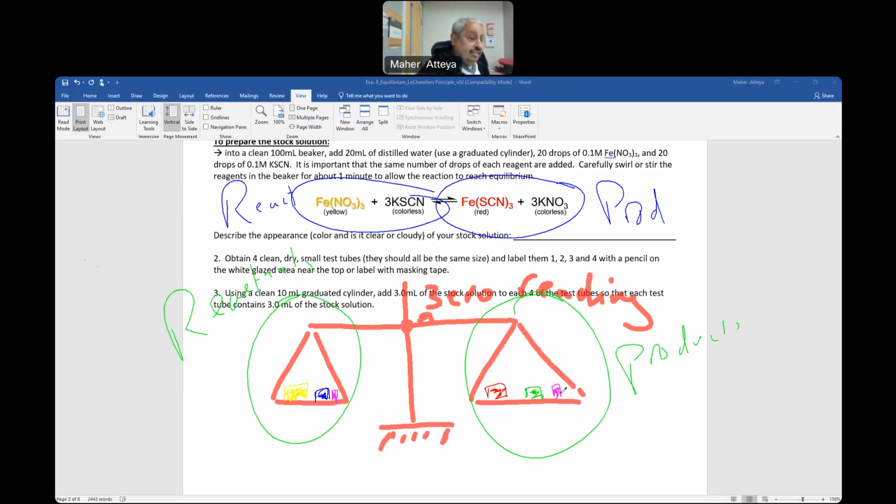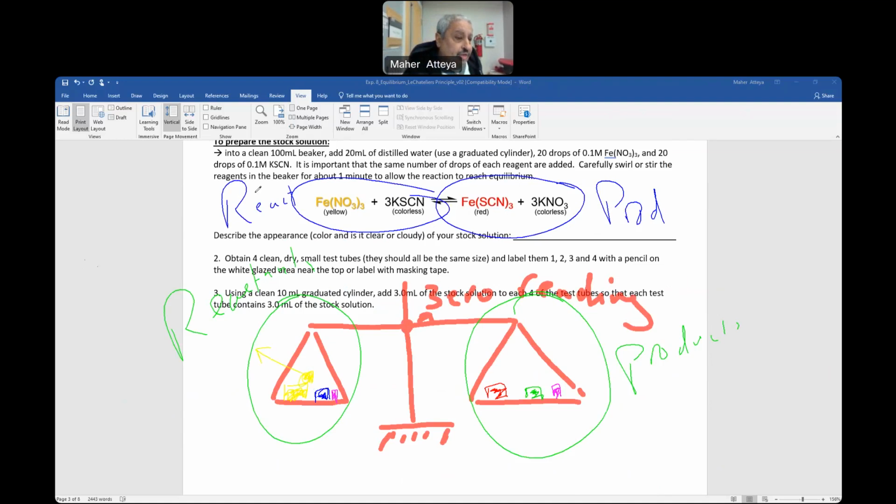Now, in the second test tube, you added extra yellow stuff, the iron 3 nitrate. So now it's another story. I added that extra yellow stuff somewhere.